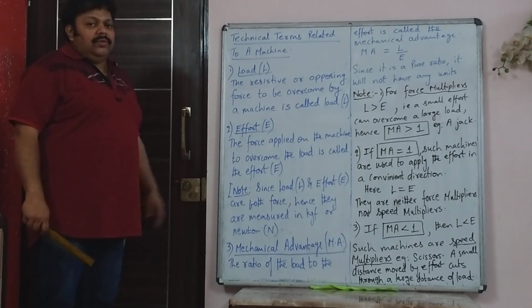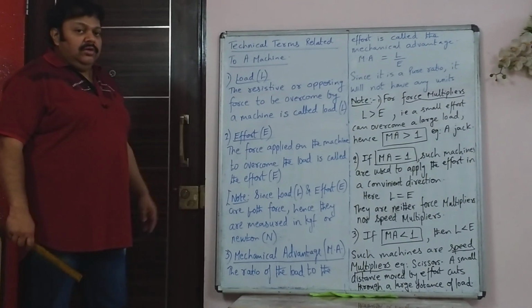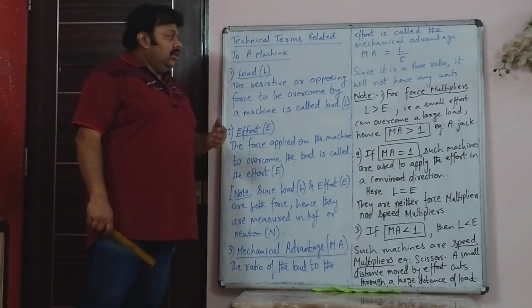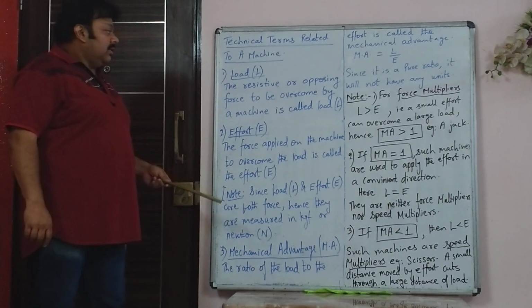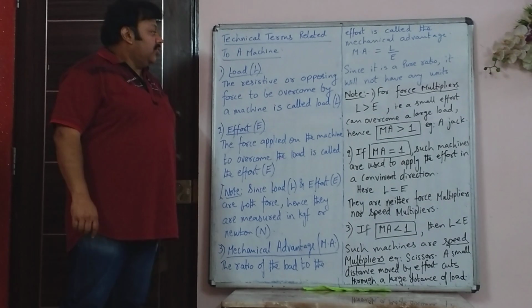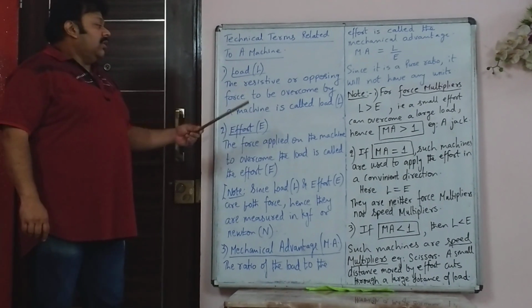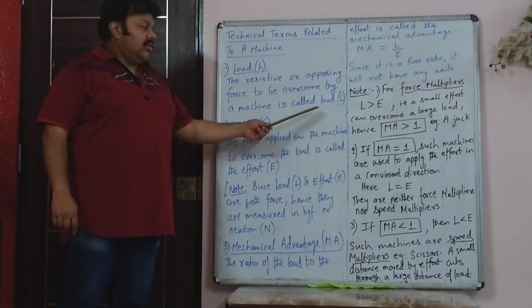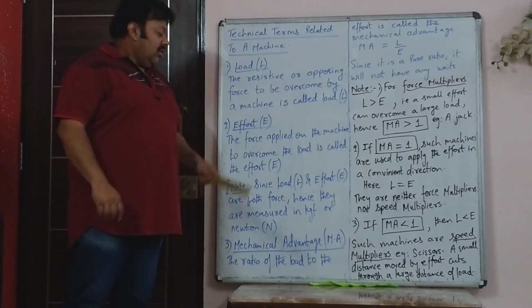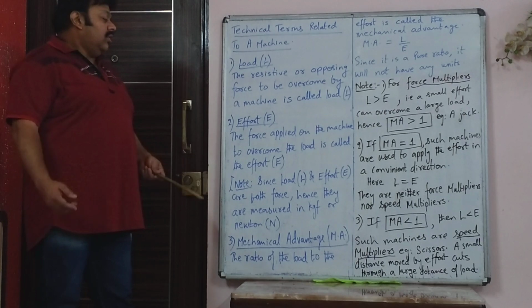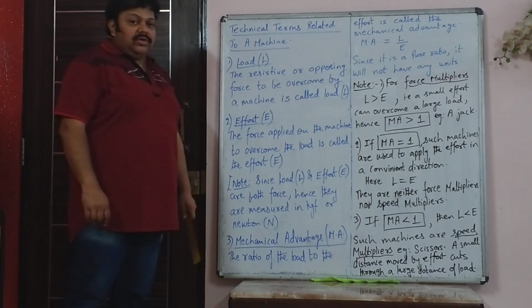Now we will see those terms which we just saw in the previous frame in more detail. For example, load, capital L. The resistive or opposing force to be overcome by a machine is called load. Effort: the force applied on the machine to overcome the load is called effort.